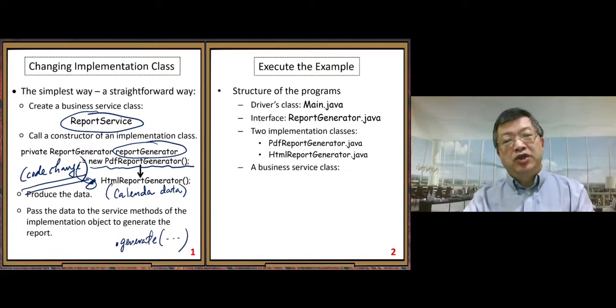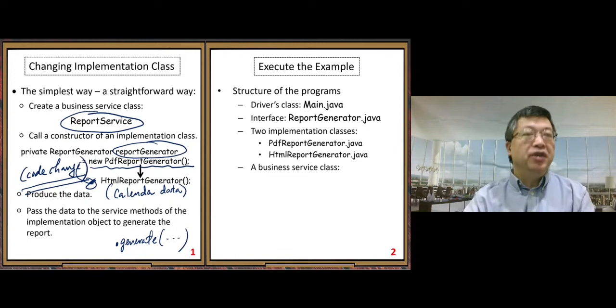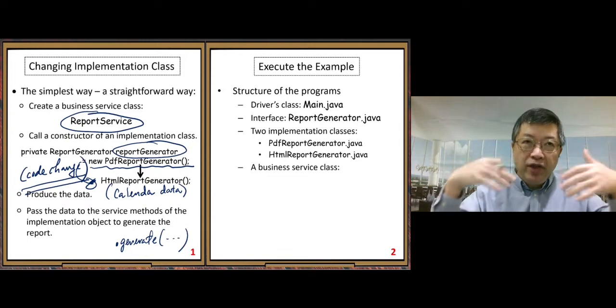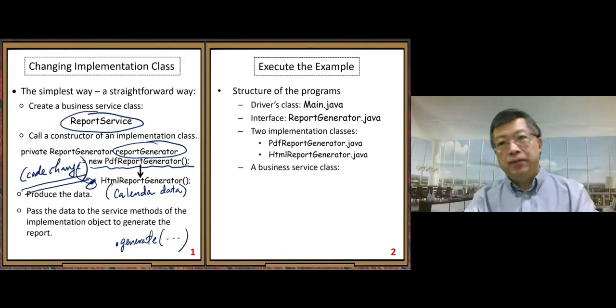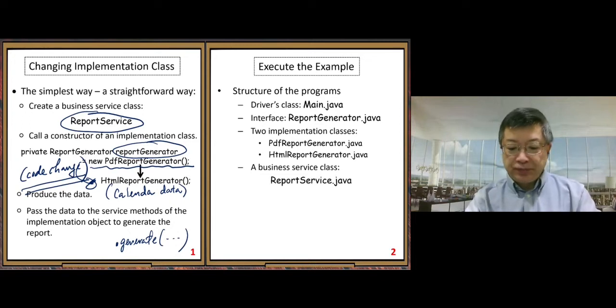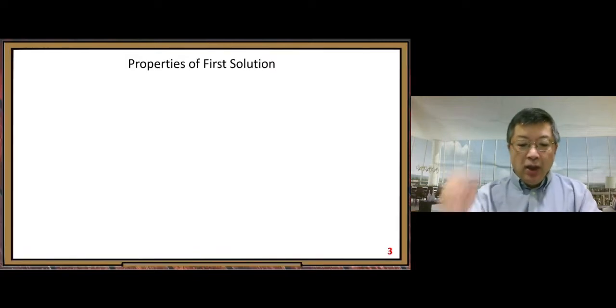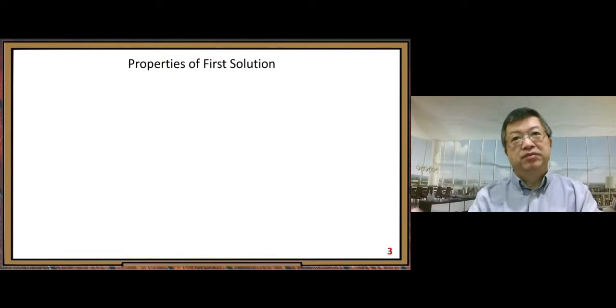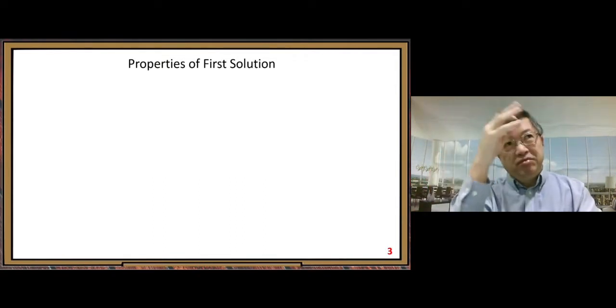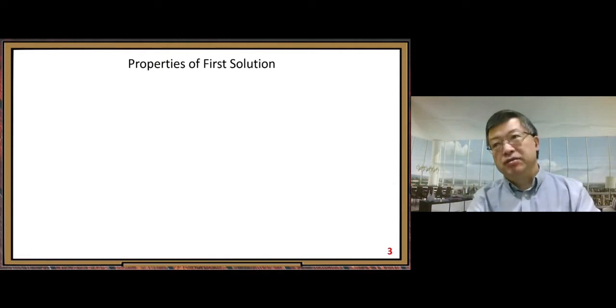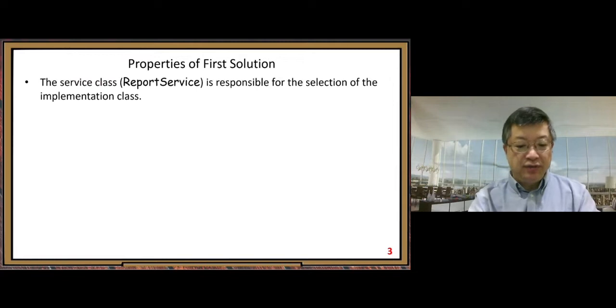The structure is very simple, so you can easily understand how things work. Next, properties of the first solution. Let's try to understand this simple solution first.